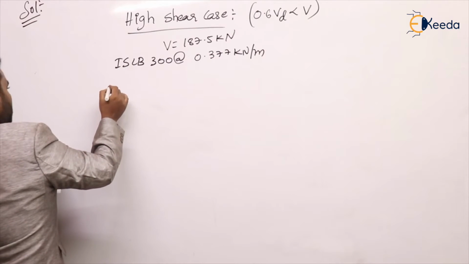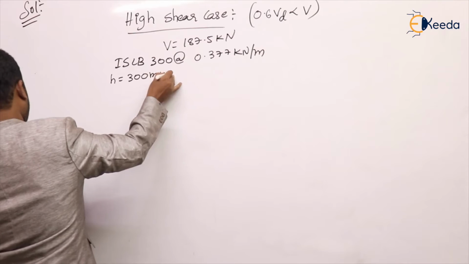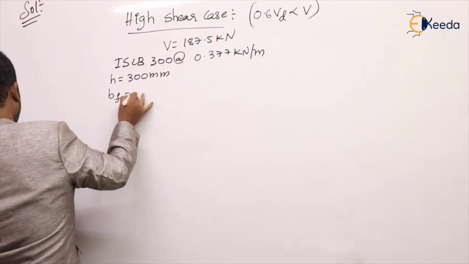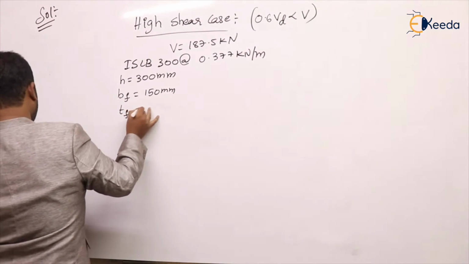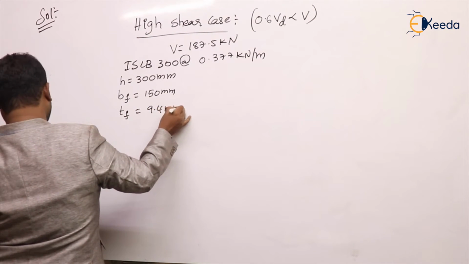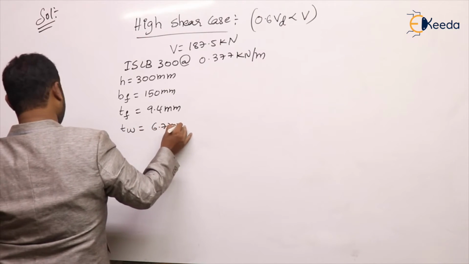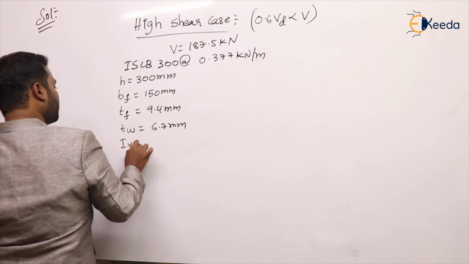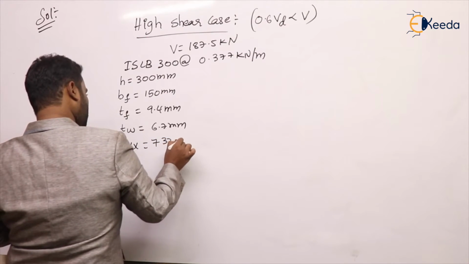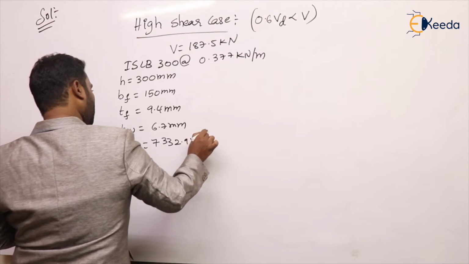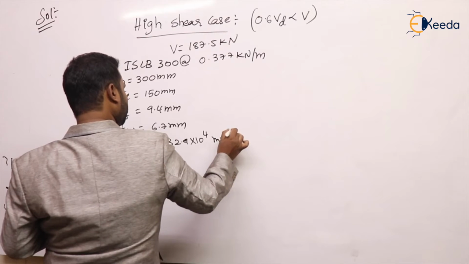Now properties of this section are overall depth is equal to 300 mm and width of the flange BF is equal to 150 mm and thickness of the flange TF is equal to 9.4 mm. Thickness of the web TW is equal to 6.7 mm. And IXX, moment of inertia along bending axis, that is 7332.9 into 10 to the power 4 mm power 4.